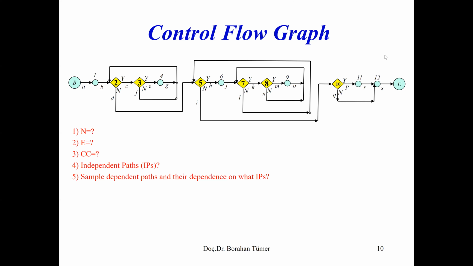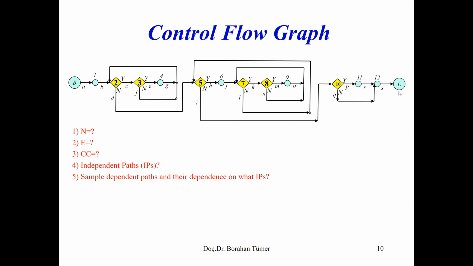Okay, and if you count A and S, which lead us from the begin node to the first statement, and S leading us from the last statement to the end node, then you have to count the begin and end nodes in the number of nodes too.